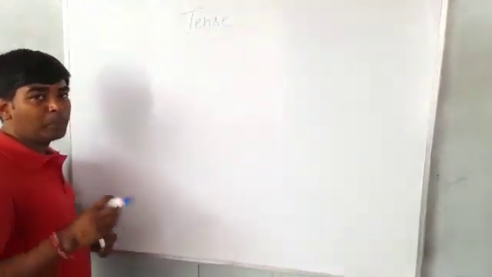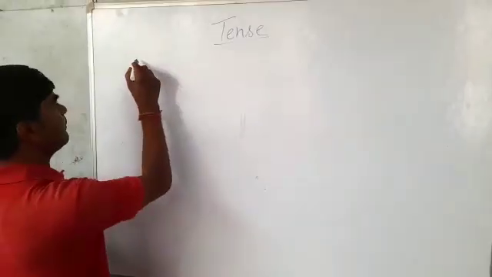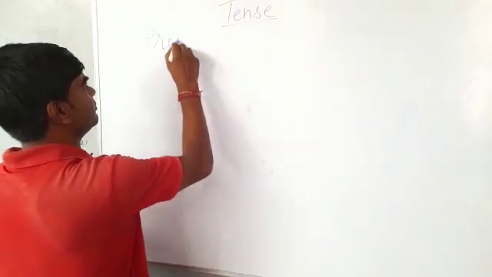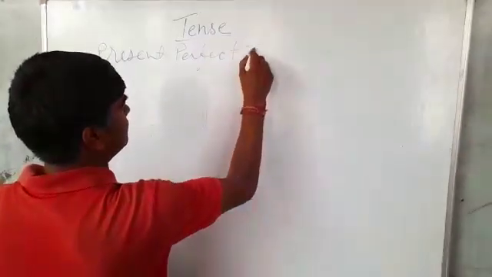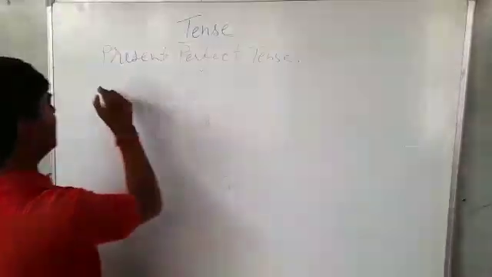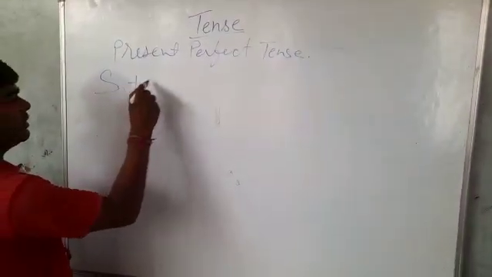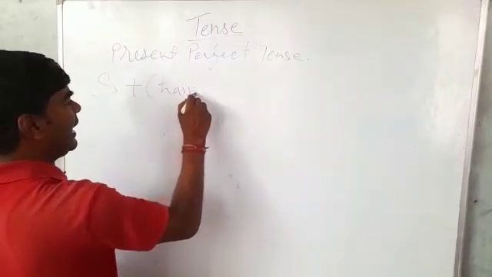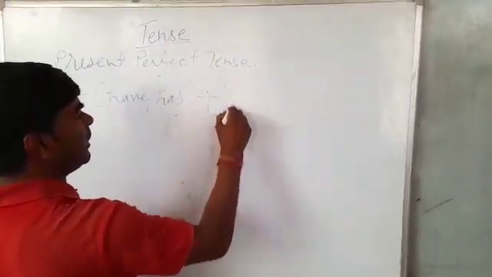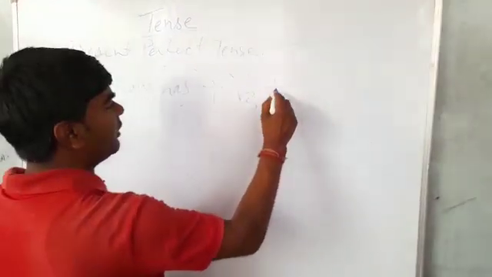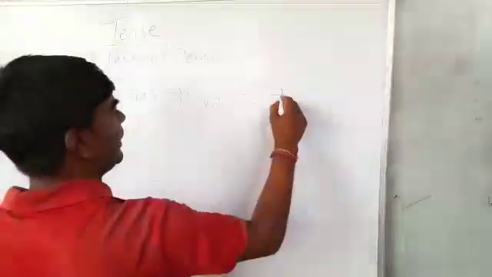So the structure for present perfect tense is: we'll have a subject followed by have, either have or has, followed by the third form of the verb, followed by object and extension.